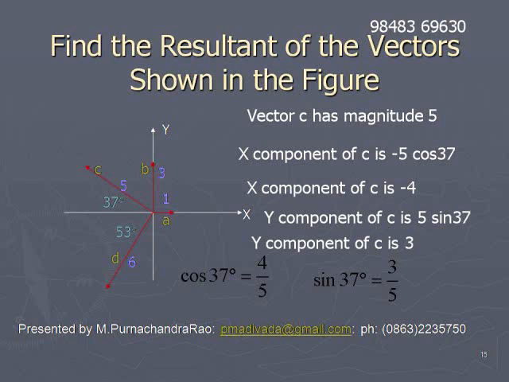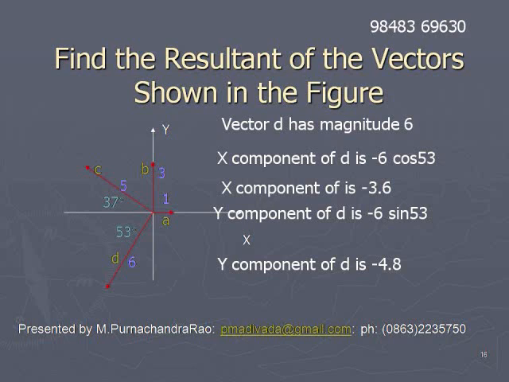But sin 37 is 3 by 5. So, it is 5 into 3 by 5, that is 3. Hence, y component of C is 3. X component is minus 4, y component is 3.